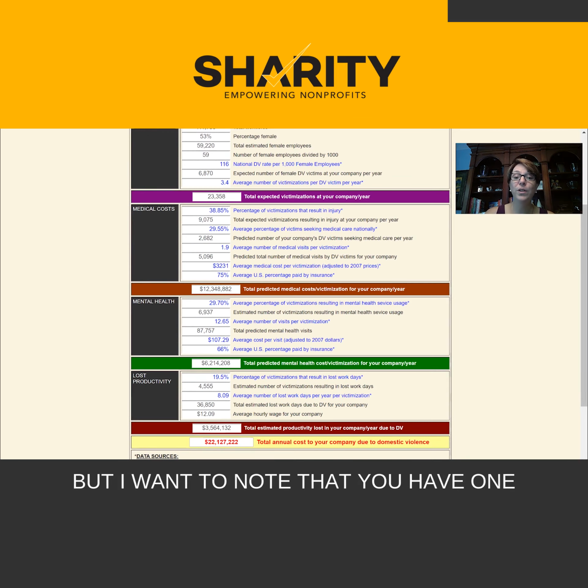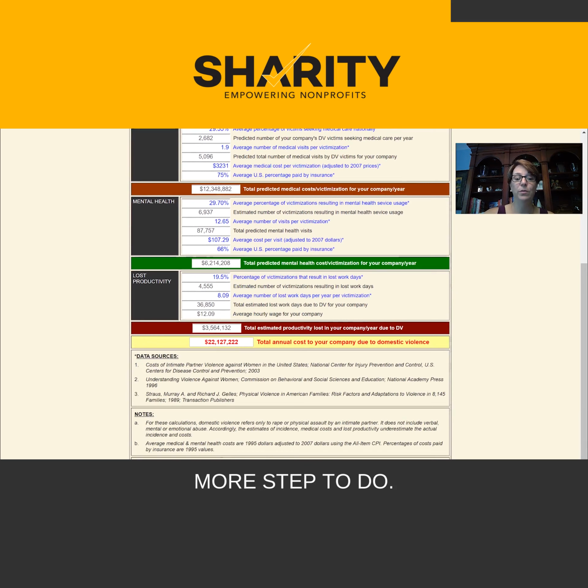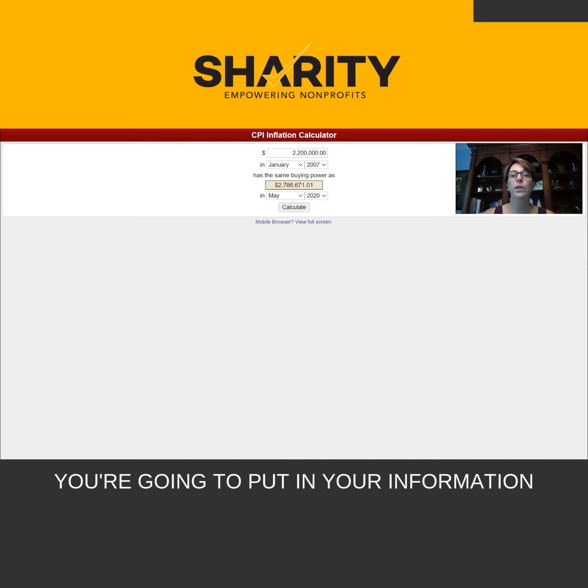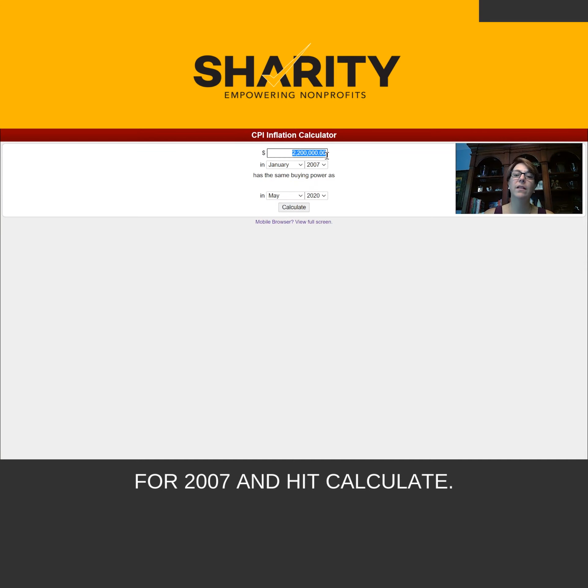All of those are really powerful numbers. But I want to note that you'll have one more step to do, because if you go down to the notes, you'll notice that the data is in 2007 dollars. So we then have one more step. And the last step is to go over to the CPI inflation calculator, which is created by the IRS. You're going to put in your information for 2007 and hit calculate and bring it up to the current 2020 numbers.